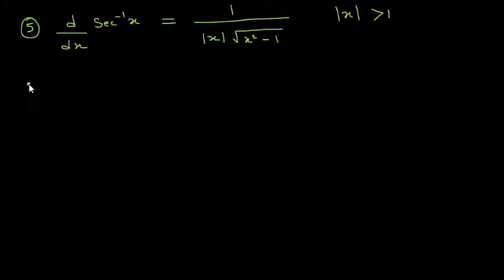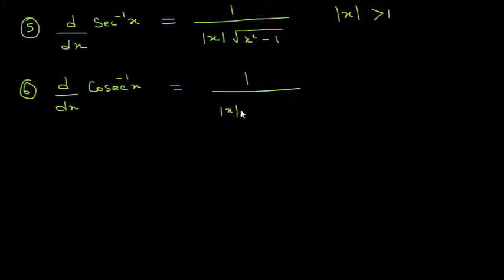Sixth, d upon dx cosec inverse x is equal to minus 1 upon modulus of x under root x² minus 1, where modulus of x is greater than 1.